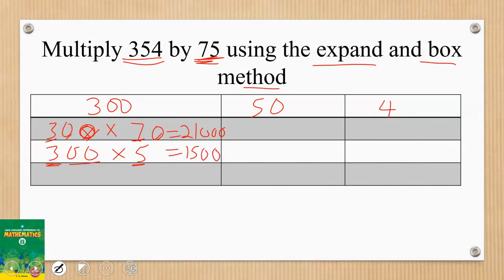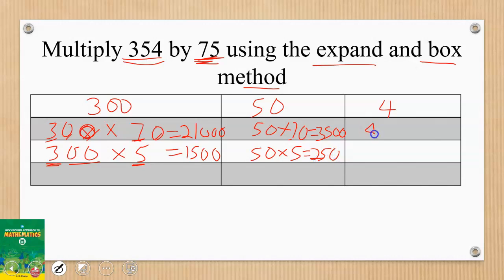As simple as that. Then we are going to do 50 also times 70. Also we write our answer. Here 5 times 7 is 35. How many zeros are involved? 2. Then you put them there. 5 times 5 is 25. How many zeros are involved? Only 1. Then you put it there.